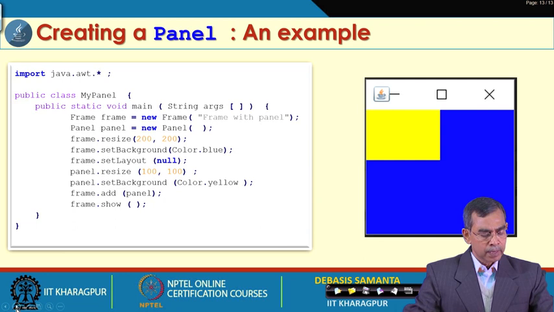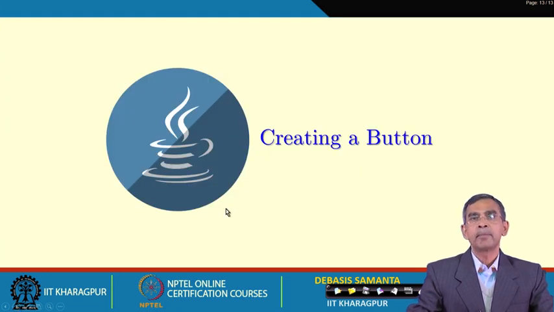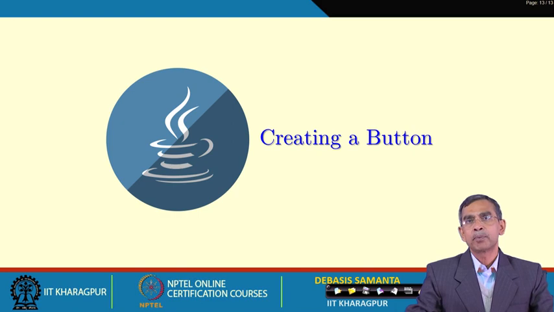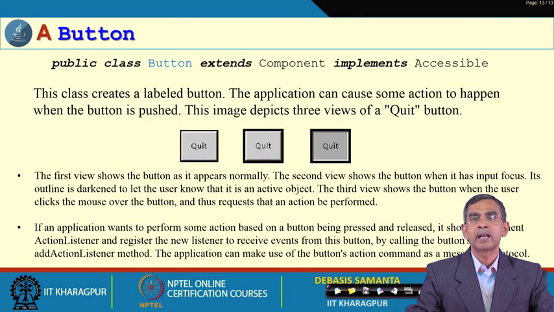Okay, so we have learned about how the frame and the panel can be used, and all these containers, maybe an applet or a frame or a panel, can include other components, for example, a button. Now, we will discuss how a button can be created and how this button can be added into a frame or container or an applet.